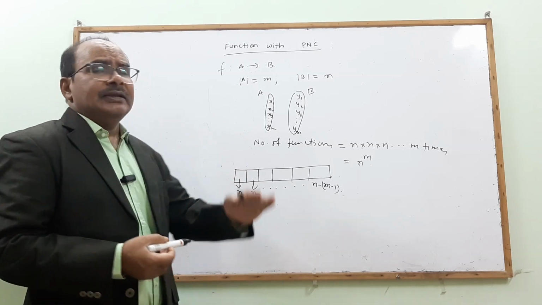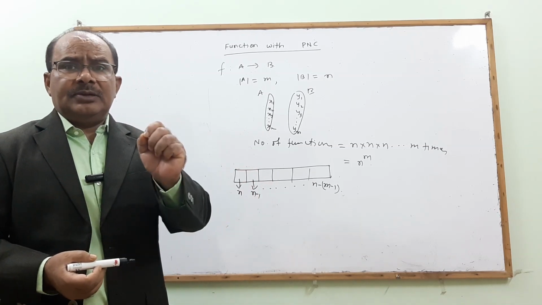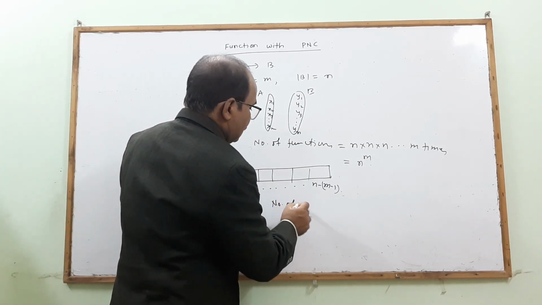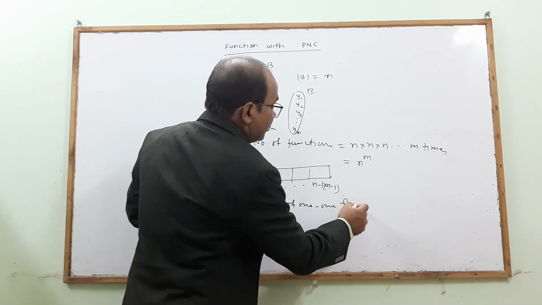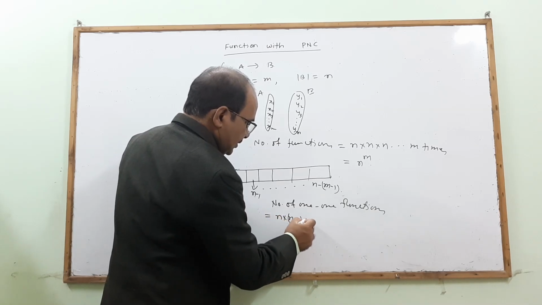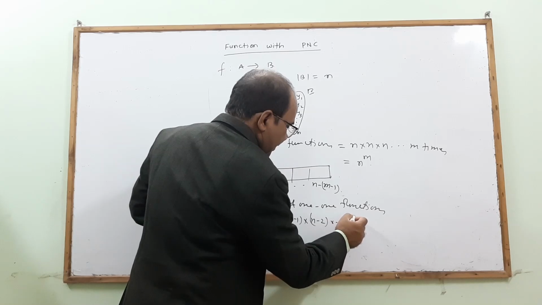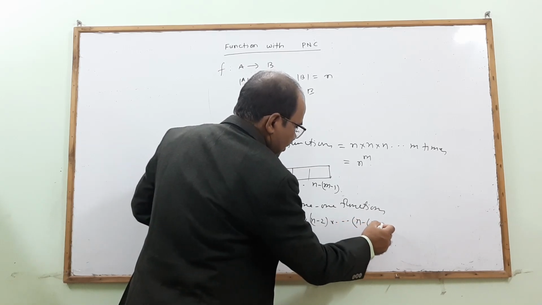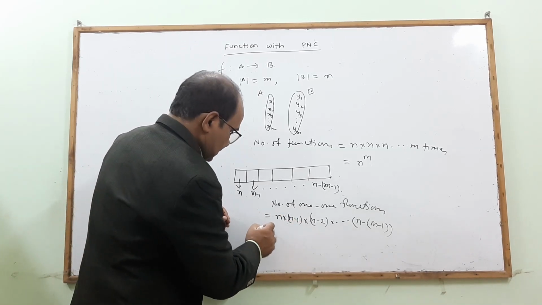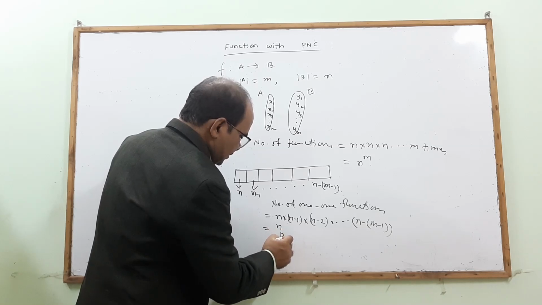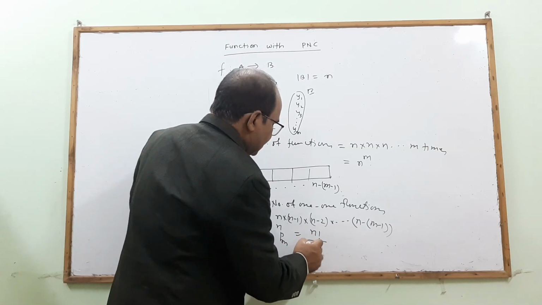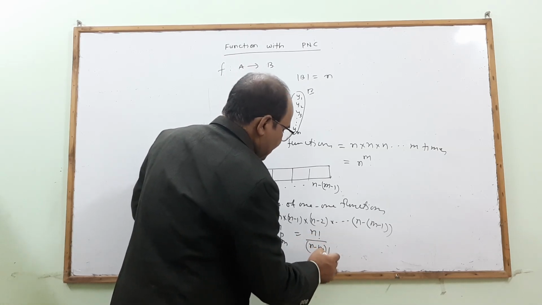Again we apply the fundamental principle, the product rule, and the number of one-one functions will be n into n minus 1 into n minus 2 multiplied up to n minus (m minus 1), and this expression can be written as nPm or n factorial by (n minus m) factorial.